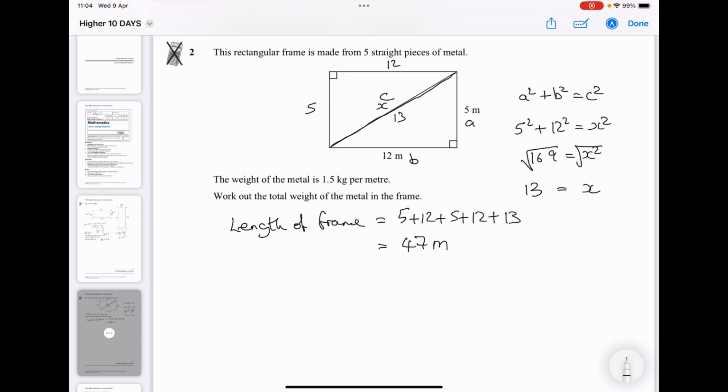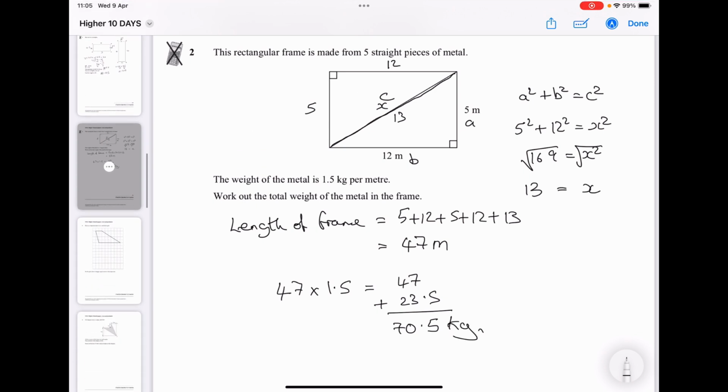It's 1.5 kilograms per metre, so 47 times 1.5 is 47 plus half of that, which is 23.5, so that gives me 70.5 kilos. Okay, yep, that's that one done.